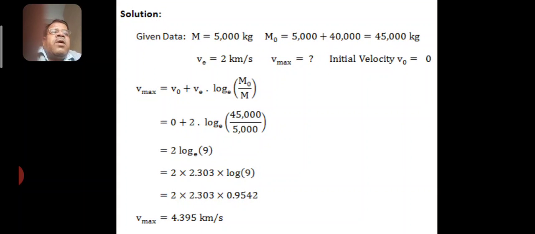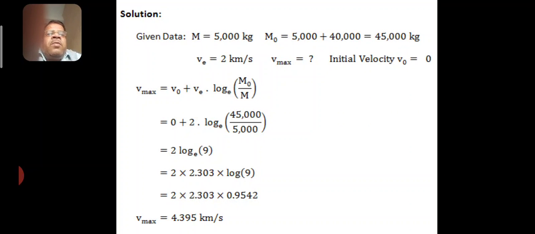Therefore, total mass of the rocket plus fuel is 45,000 kg. Exhaust velocity of the gases is 2 km per second. Vmax is asked, the maximum velocity of the rocket. Initial velocity v0 equals 0.